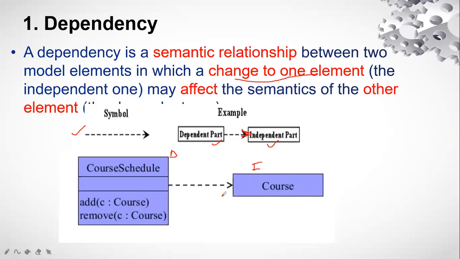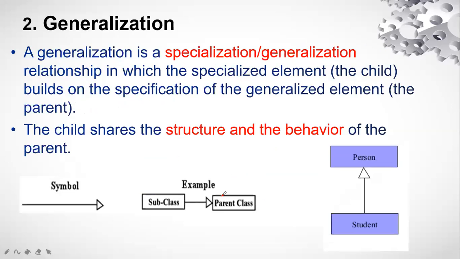Now next thing, generalization. What does this generalization mean? Generalization is a specialization and generalization relationship. That means one is a parent and the other one is the child. This is represented with the help of a solid line with a hollow triangle which is shown at the parent class.